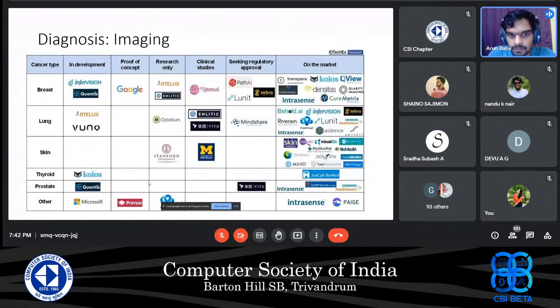And now we have a lot of companies in the world that focus on diagnostic imaging, and there are a lot of investments going on in the diagnostic imaging industry.